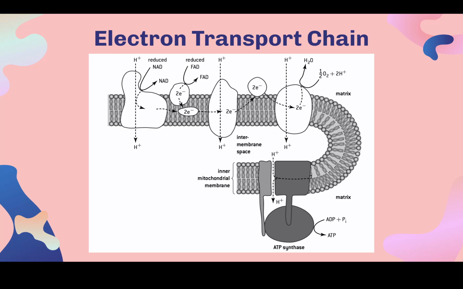And then, due to a concentration gradient between the intermembrane space and the matrix, because there's now excess hydrogen in the intermembrane space, which is also a small space, which means the concentration is really high, the hydrogens get pushed through ATP synthase back out into the matrix, and when they're getting pushed out into the matrix, they essentially move the ATP synthase to generate energy, and that energy is what's used to form ATP from ADP and a phosphate molecule.